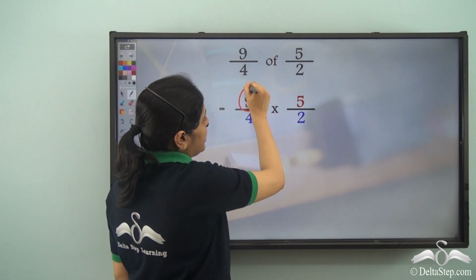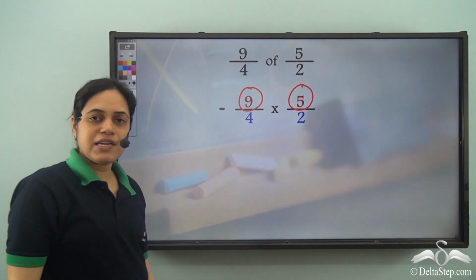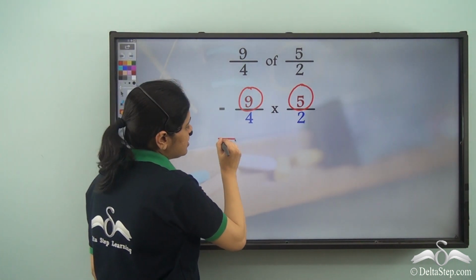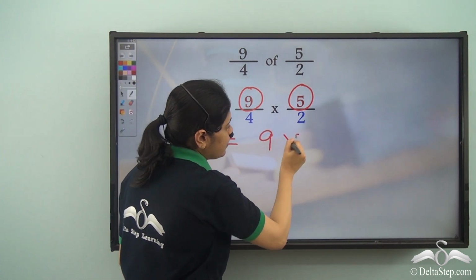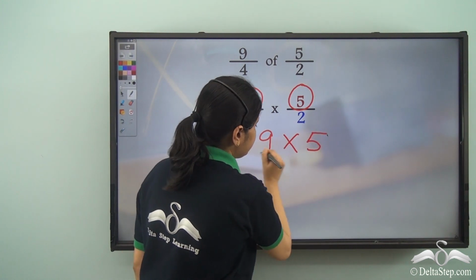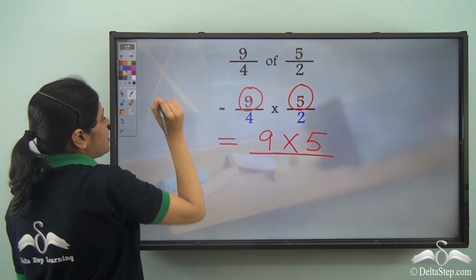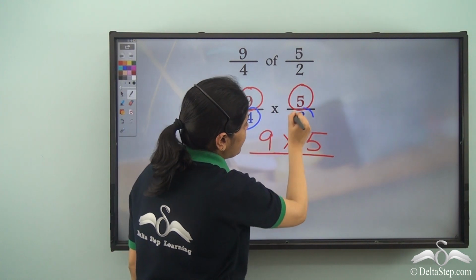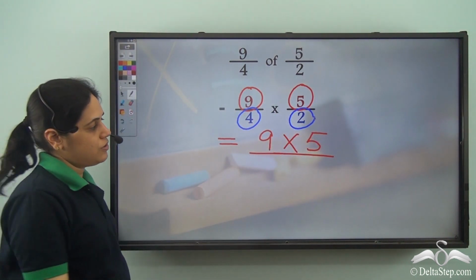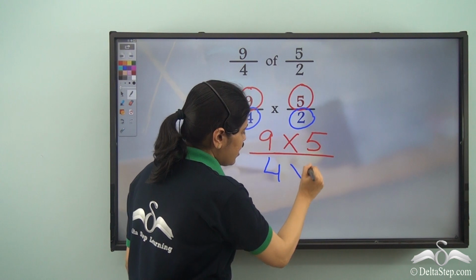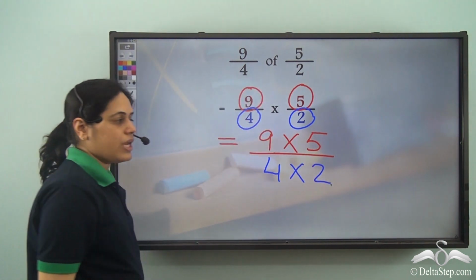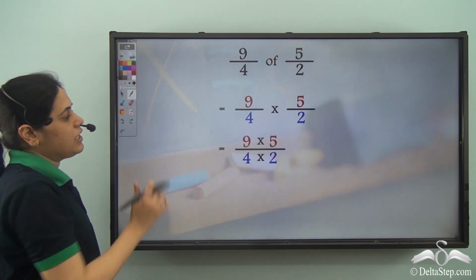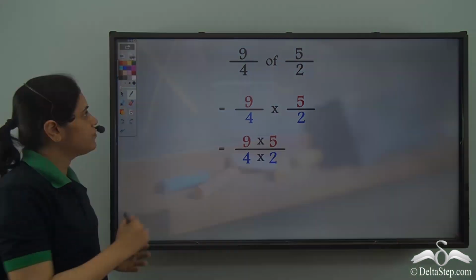So I multiply 9 and 5. So this is 9 into 5. And I multiply 4 and 2. So in the denominator, I have 4 into 2. So 9 into 5 by 4 into 2.